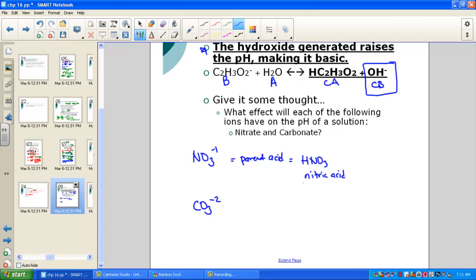It is one of the 7 strong acids that we're working to memorize. Life becomes easier when we memorize the 7 strong so that we also know the weak. It's one of the 7 strong acids. So therefore, we've learned the nitrate would have no effect on the pH. There is no hydrolysis.